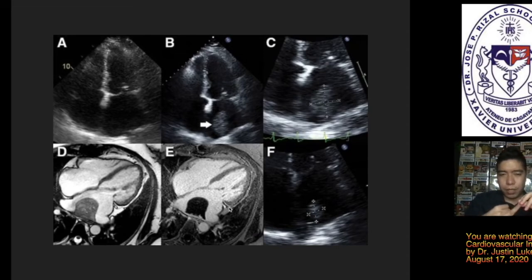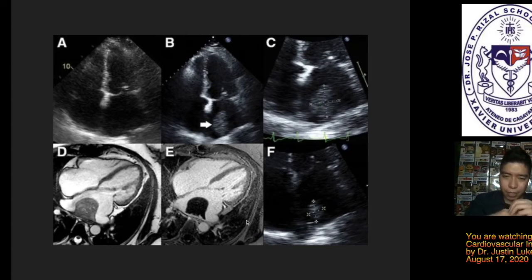For the most common malignant cardiac mass, it would still be metastasis. Although it's still more common to have pericardial mets in the form of malignant pericardial effusion than actual cardiac metastatic lesions such as these. Then for the most common malignant primary cardiac mass, that would be angiosarcoma.